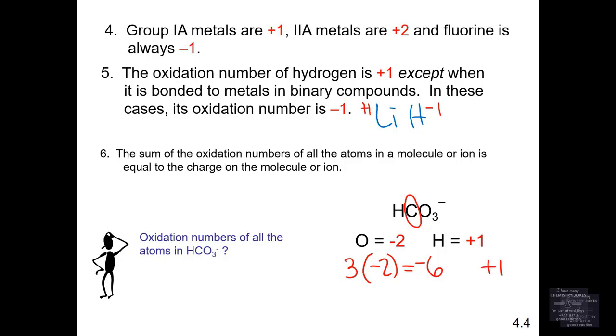So if we write it in the order of the ion, it's +1 plus carbon's unknown plus -6, all has to equal -1. So if you do the quick addition and subtraction there, carbon ends up being a +4 in this compound. Carbon is something that can have quite a lot of oxidation states. You need to use the things that it's bonded to determine carbon's oxidation state.